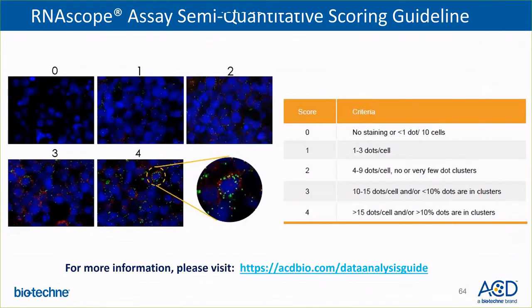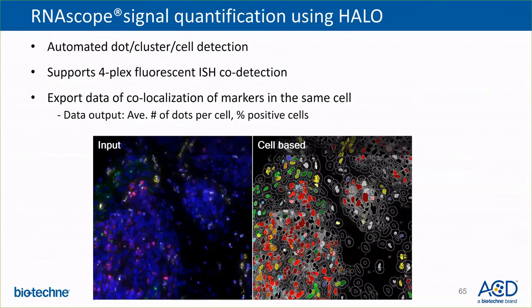RNAscope staining can be quantified by manually counting the number of dots per cell. It is also known as the semi-quantitative scoring method. With this method, a score of 0 to 4 is assigned based on the average number of dots per cell. Alternatively, for more quantitative approaches to data analyses of the RNAscope results, you may use image analysis software.